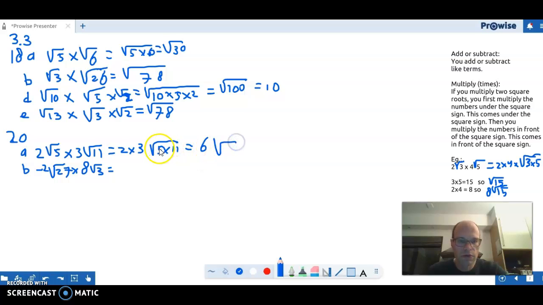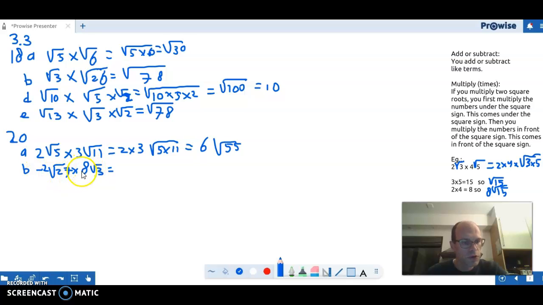And the square root of 5 multiplied by 11 is 55. So basically, it's 6 square root of 55. You don't need to show the step in between, but it might be handy if you kind of lost what to do. And then we do the last one, last example.